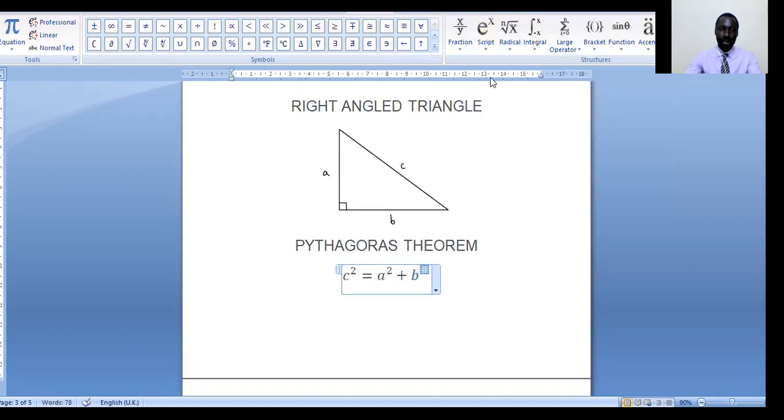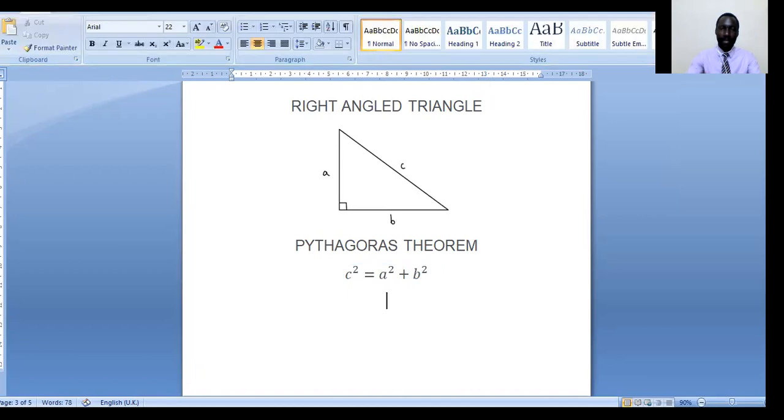Now, notice that from Pythagoras theorem, we can develop a separate formula to find C. A lot of times we are not looking for C squared.